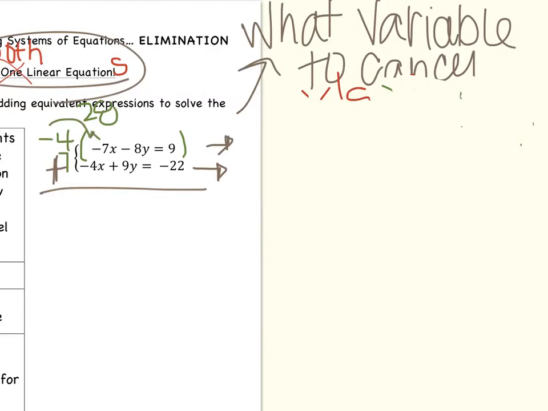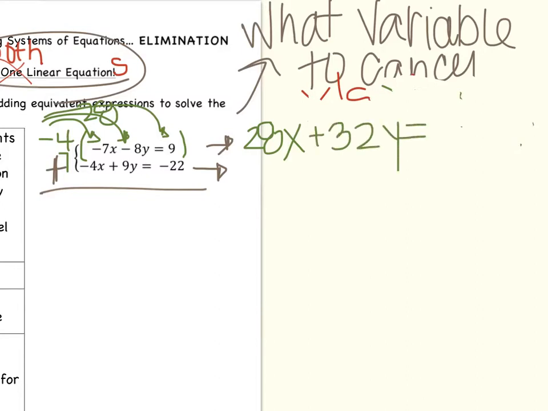Again, we have to distribute to each part. Negative 4x times negative 7x gives me positive 28x. Negative 4 times negative 8y gives me a positive 32y, and it's equal to negative 4 times 9, which gives me negative 36.